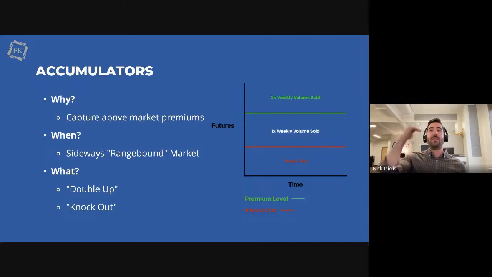So because it closed above $11, you're going to sell 2,000 bushels still at $11 futures. If the following week we go back down below $11 and we settle at $10.75 and we close that week at $10.75, you will go back to selling 1,000 bushels at $11. Any questions on that?